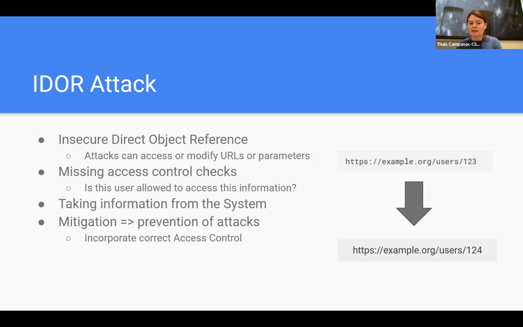One, the website doesn't have correctly implemented access control checks. Basically, these checks are the website thinking to itself, is this user allowed to do this? Are they allowed to access this information?